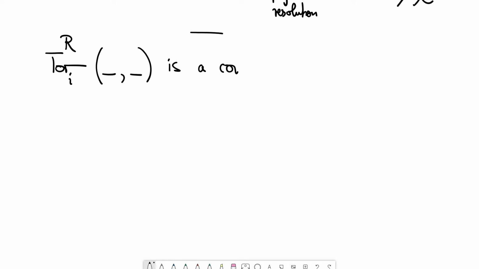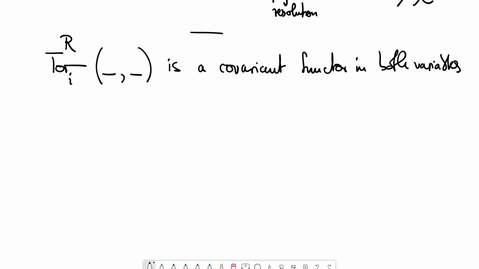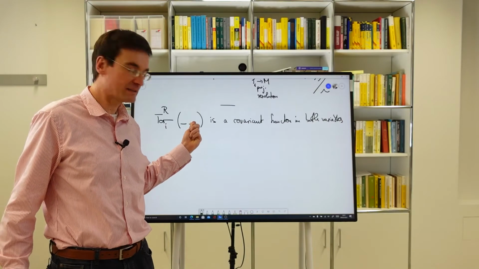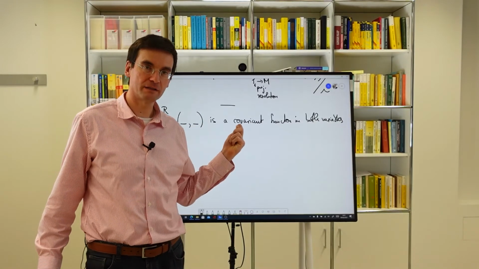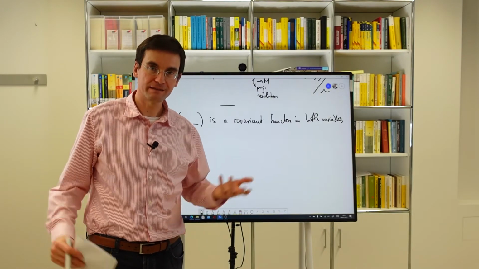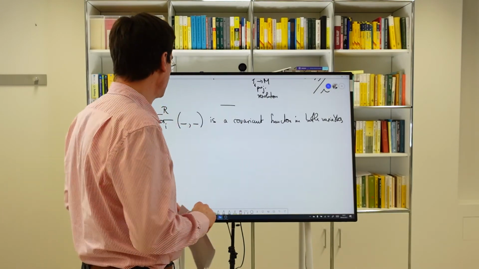It's a covariant functor in both variables, meaning that if you fix a module, say here on the left, and you just consider this as a functor of the right variable, it is indeed a functor, and the same for the left.